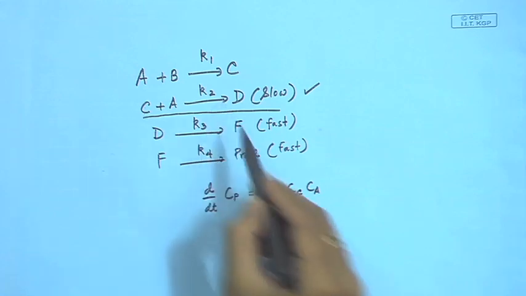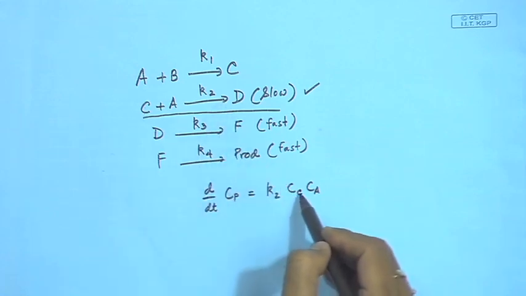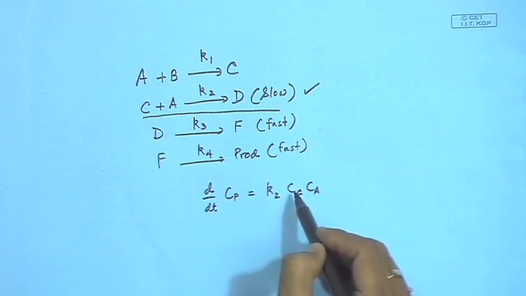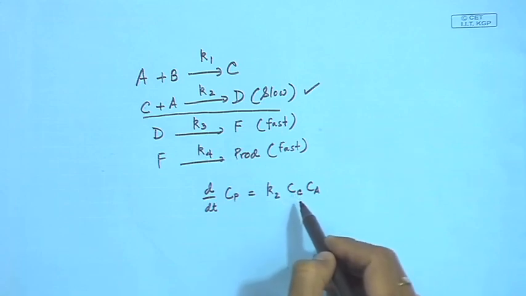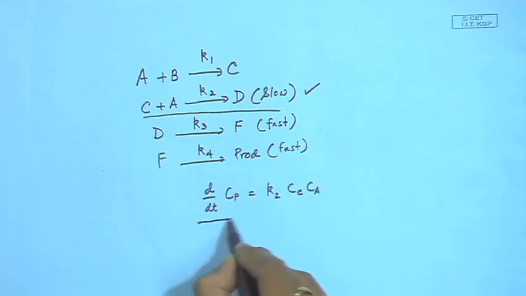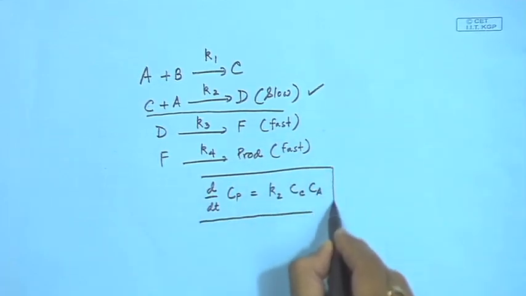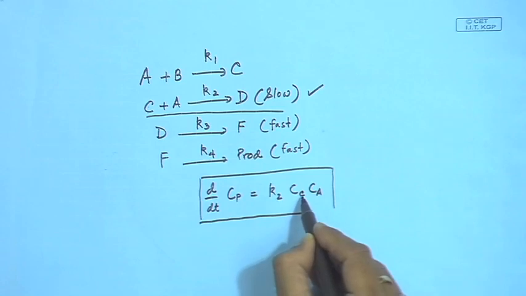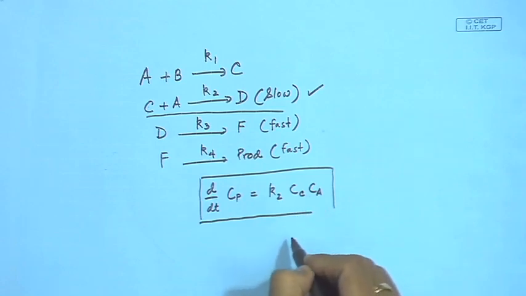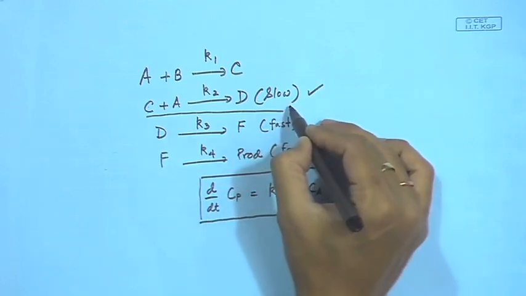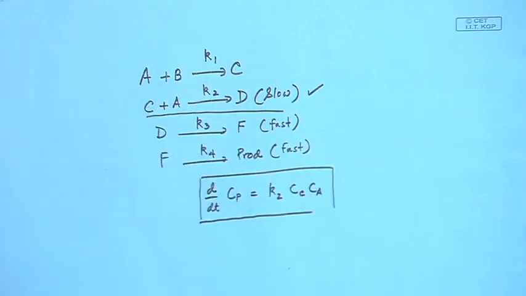So, this elementary step is a second order process, or may be regarded as a bimolecular process. So, d[P]/dt is K2 [C][A], this being the rate determining step.